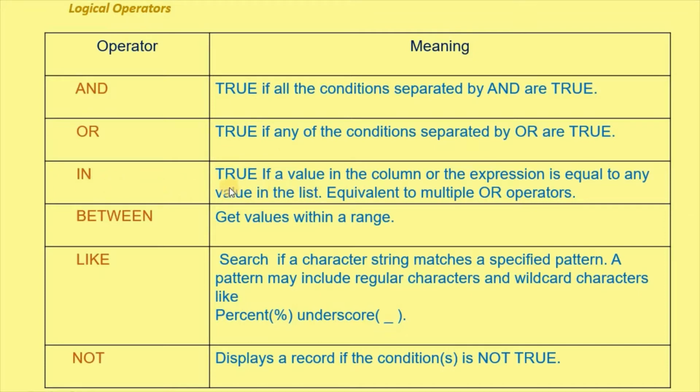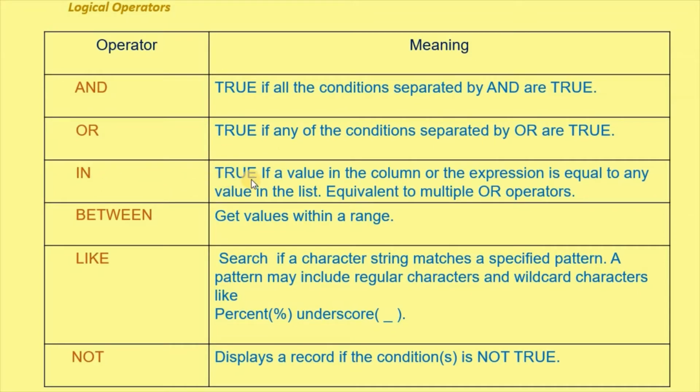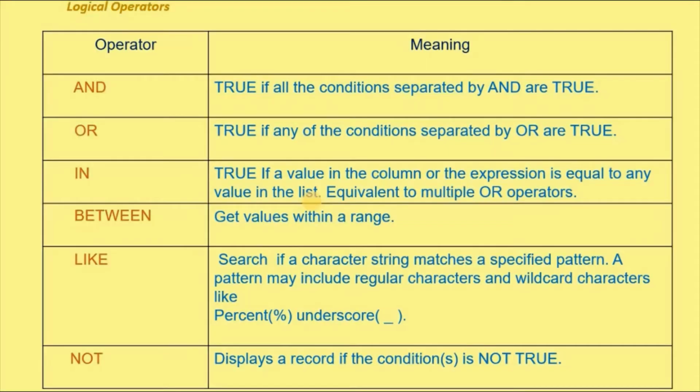The IN operator returns true if a value in the column or the expression is equal to any value in the list, equivalent to multiple OR operators. We can take any number of values in the list and we can check a value in the column, or we can check whether the expression or condition is equal to those values in the list.